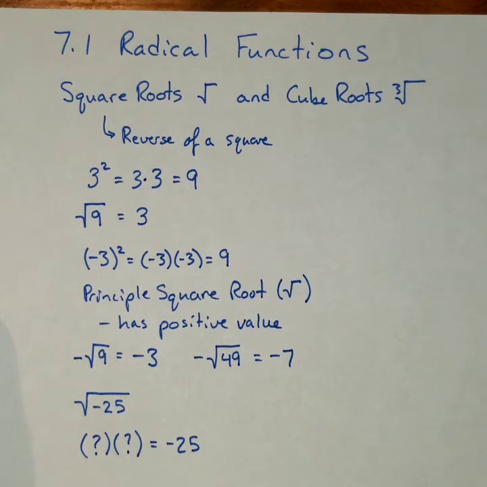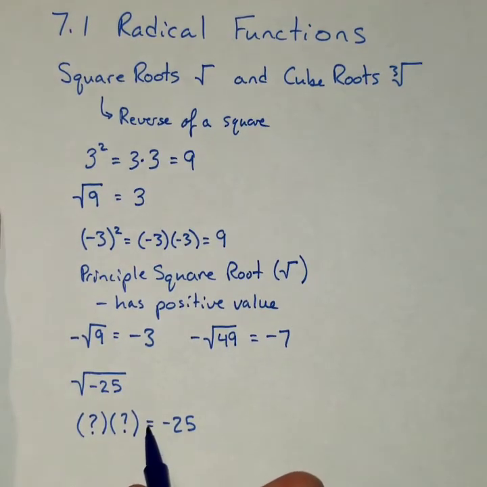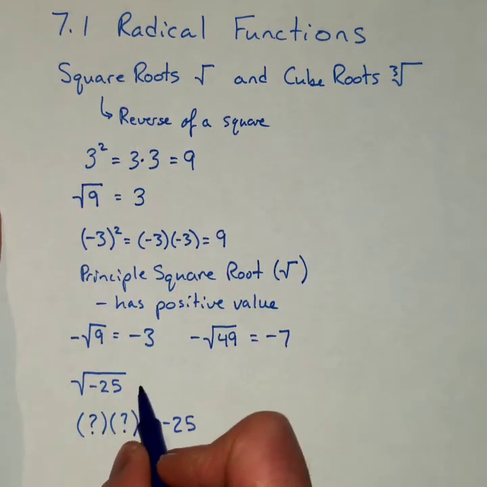Well, you might think, okay, it's got to be negative 5, right? Well, negative 5 times negative 5 is a double negative, which would make a positive 25, so that can't work. And it can't be positive 5 because a positive times a positive is also positive. In fact, there's no way to get a number times itself to be a negative number, at least when we're dealing with real numbers. And so the answer to this is not a real number.